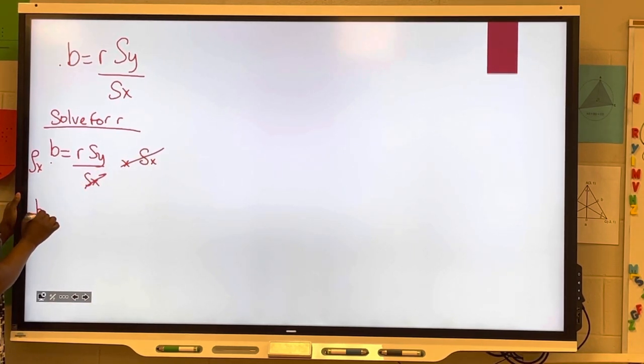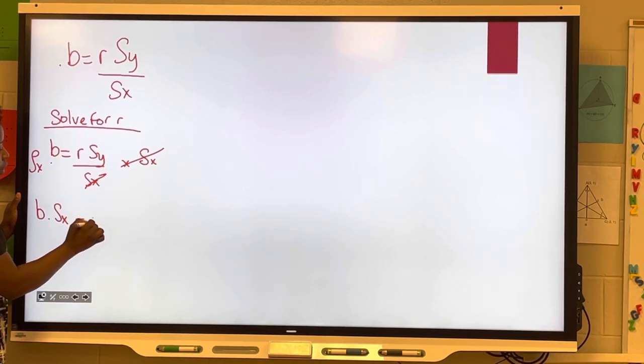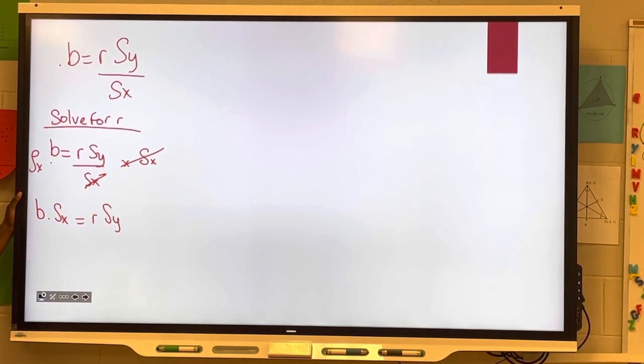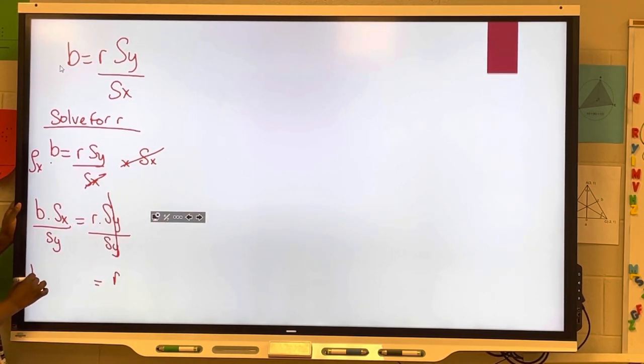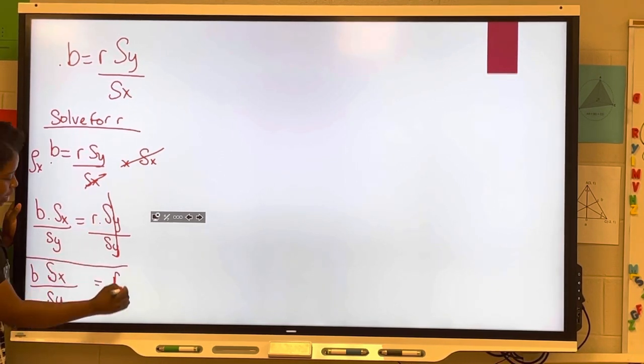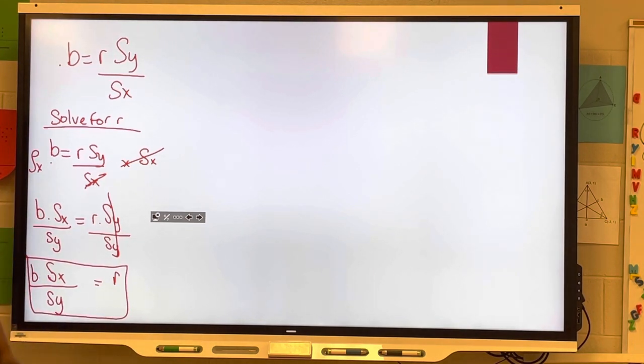So b times sx is equal to r sy. From here, I want to find r, but these two are multiplying, so I need to divide by sy on both sides so r is by itself. That cancels, so r is equal to b sx over sy. And that's how you solve for r.